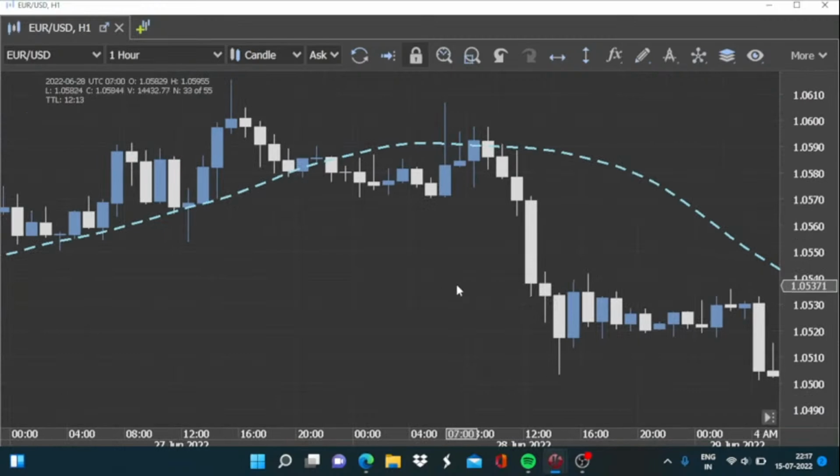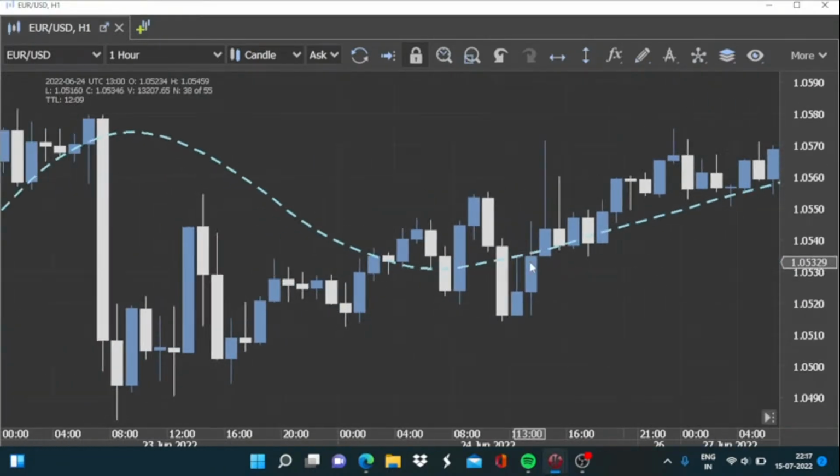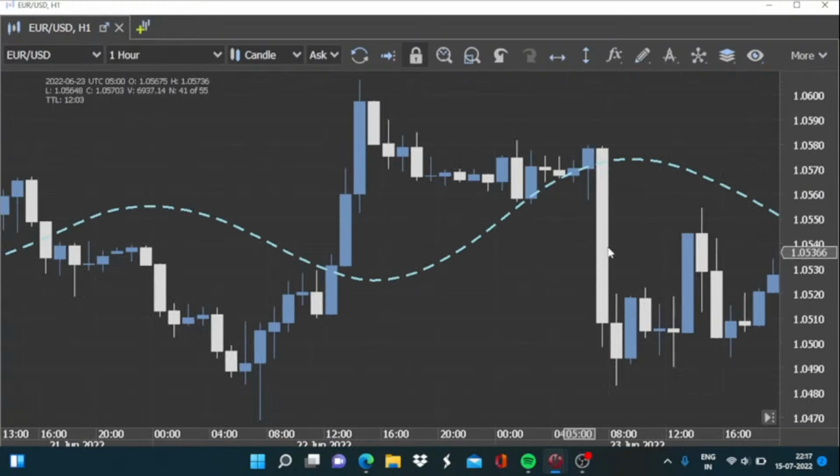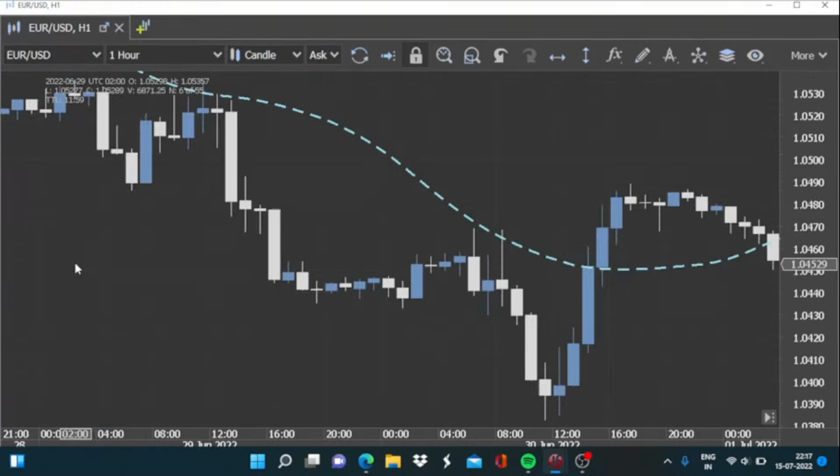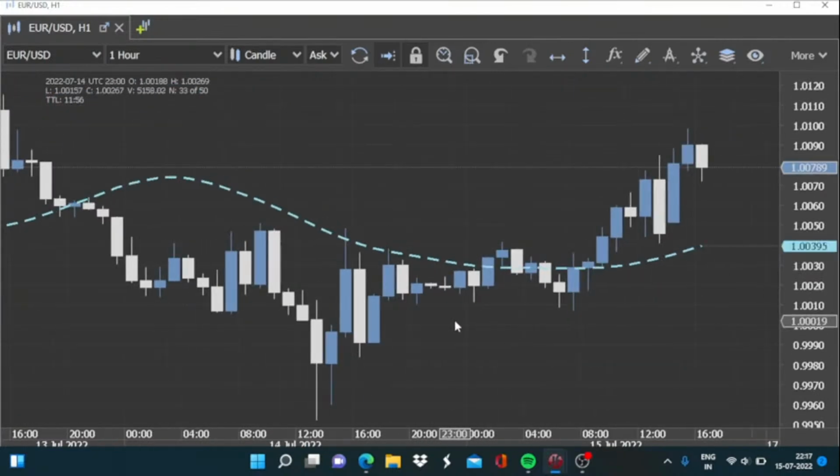At the same time, there is a lot more smoothing, so we get smooth curves even when there is immediate price volatility, and it is a lot more stable compared to the other moving averages, which gives us a good idea of whether to go long or whether to go short. So for that, we can rely on this moving average to take the trades.